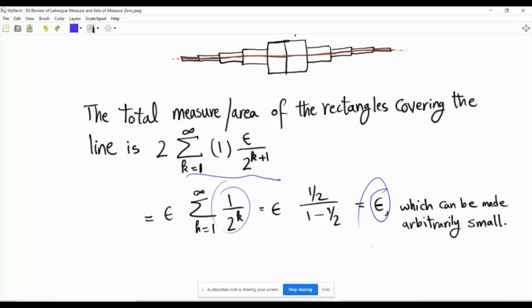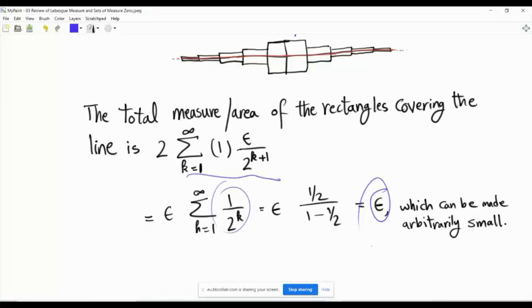Okay, so again, even in n dimensions, a subset of the n-dimensional Euclidean space is said to be a set of measure 0 if you can cover it with n-dimensional boxes, compute the Lebesgue measure of those boxes, and find that this Lebesgue measure is upper bounded by something that can be made as small as we wish.